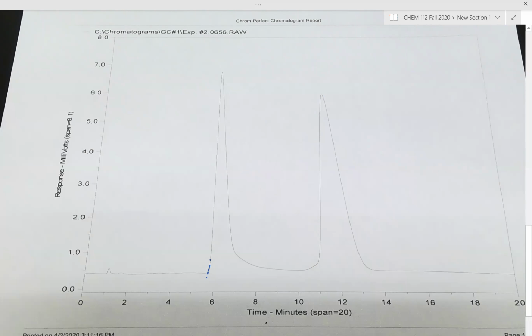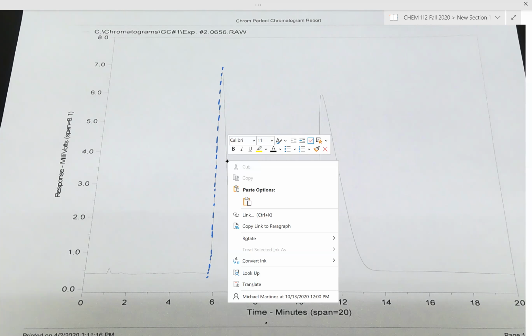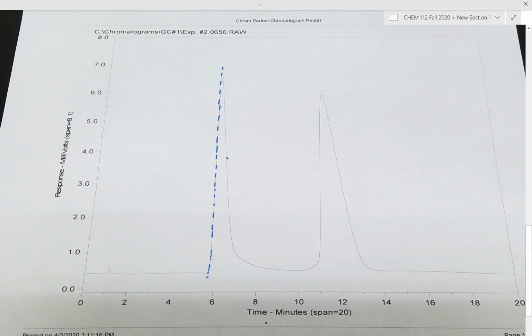So like this lead for the peak is almost perfectly aligned with the tangent line. So this first part looks quite good. Now for our second part, our point of inflection occurs around here. So we're going to draw our second tangent line. It doesn't have to be perfect as long as your method is consistent.